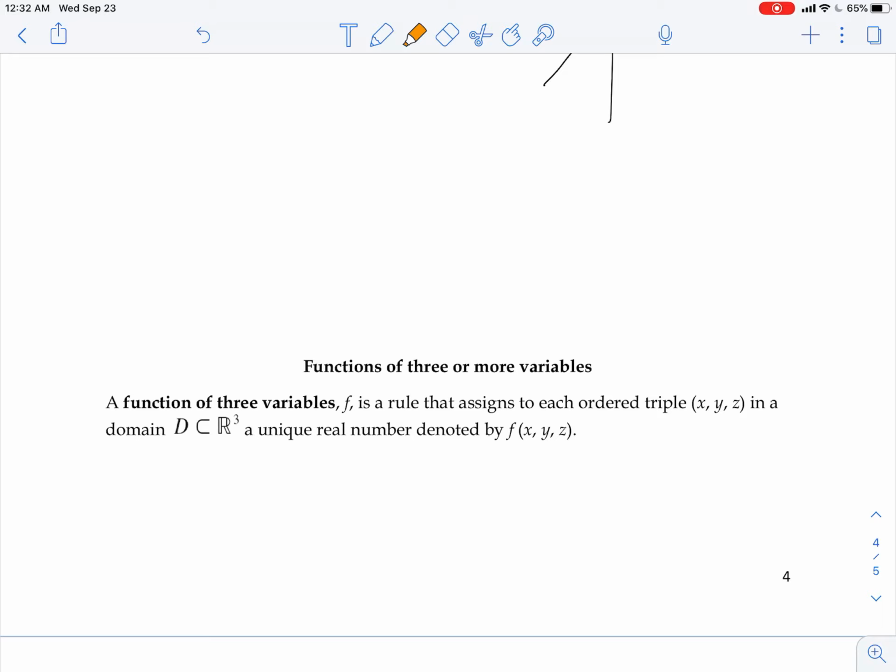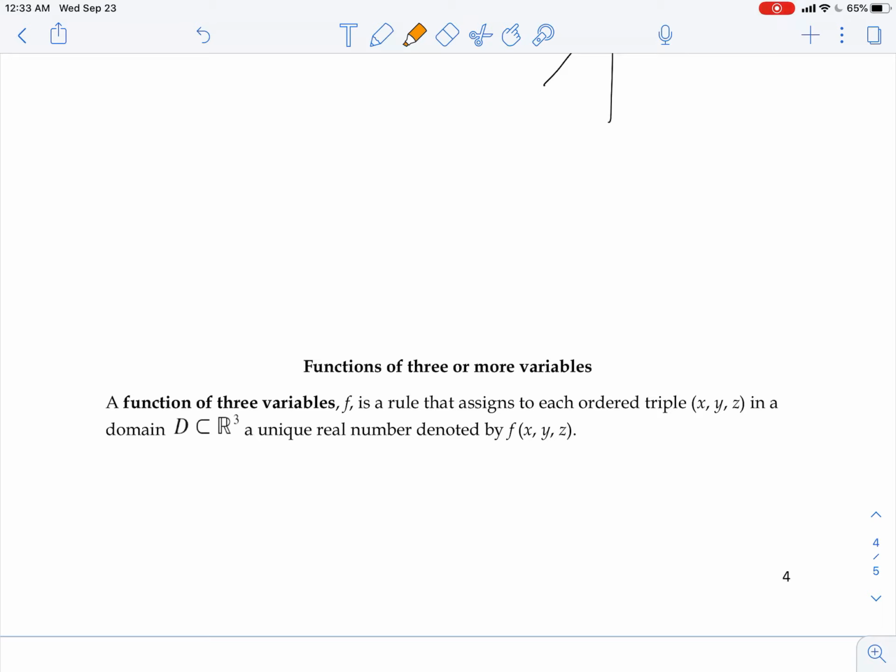A lot of times we'll say the dependent variable could be w, or the dependent variable could be t.